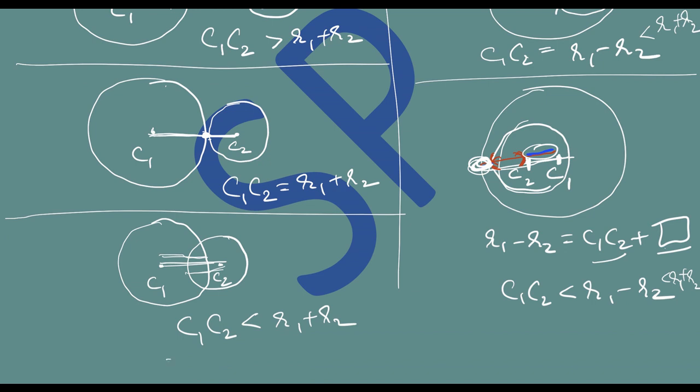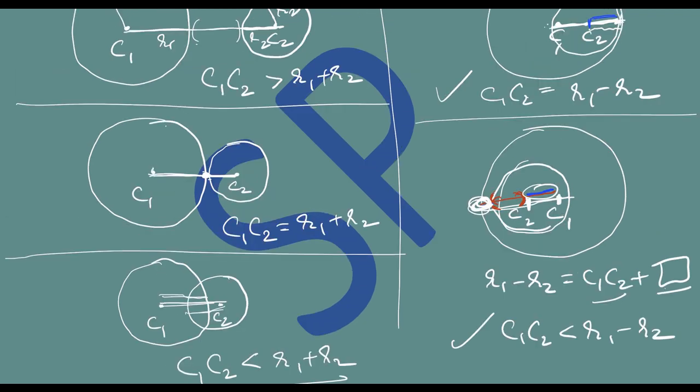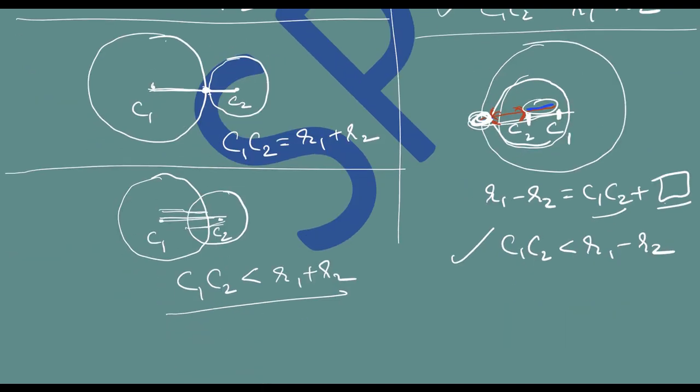So observe that in this case, here and here, C1C2 is less than R1 plus R2. Understood? I don't need this condition in this case, or in the fifth case also. But what I am trying to tell you is that the fourth and fifth cases also come under the C1C2 less than R1 plus R2 case. Understood?